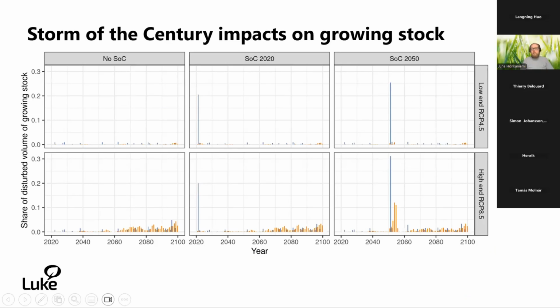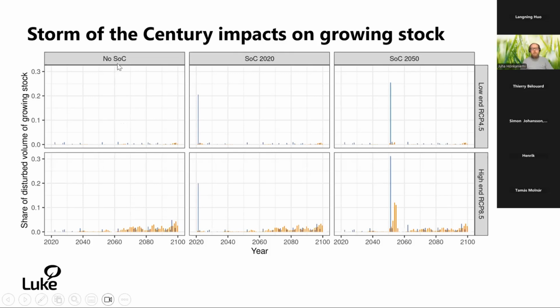Here are results regarding bark beetle, the share of disturbed volume of growing stock. What you can see here in the uppermost row is the low-end RCP 4.5. On the bottom row is the high-end RCP 8.5.